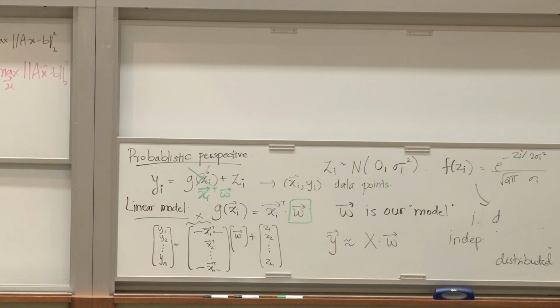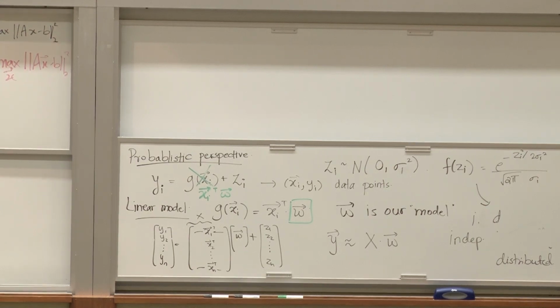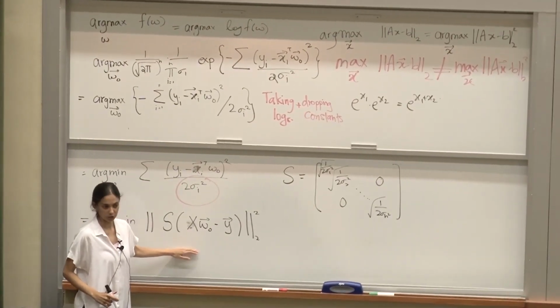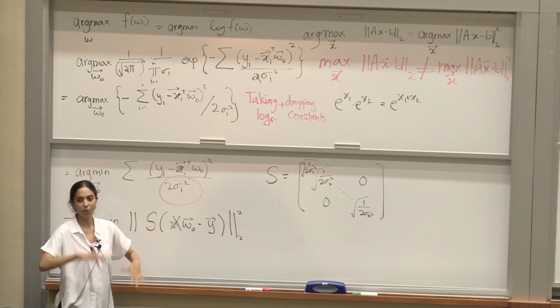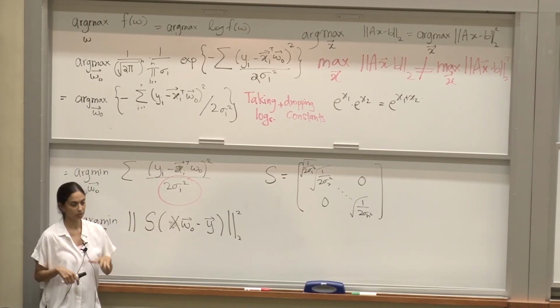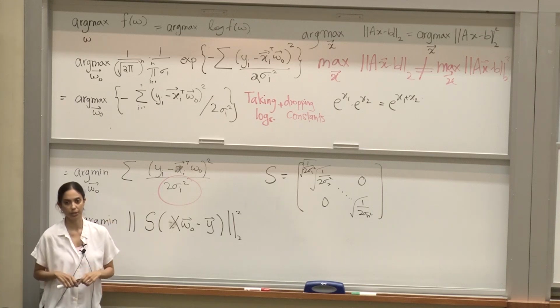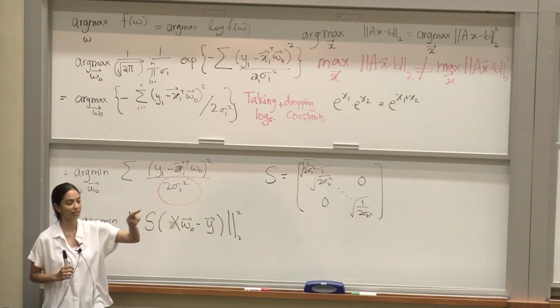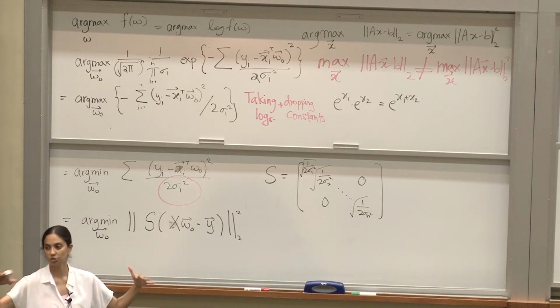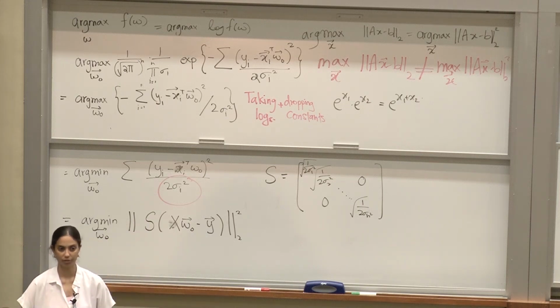That is correct, actually, which connects to the question that was asked up here in the front. You can think of this as scaling each of your equations so that all of the variances are normalized to be exactly equal to 1. That is a perfectly valid interpretation. Thank you for bringing that up. I didn't realize that question was asking the same thing, but you're absolutely right, that you can interpret this as scaling all of your data to have normalized variance.